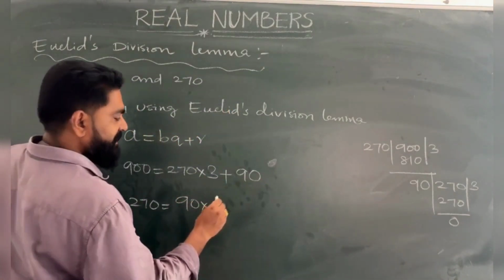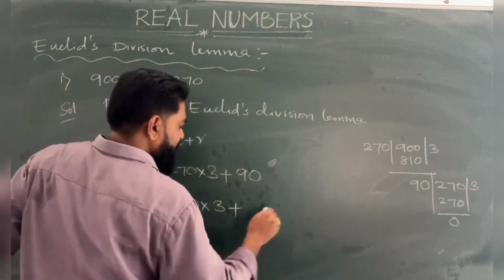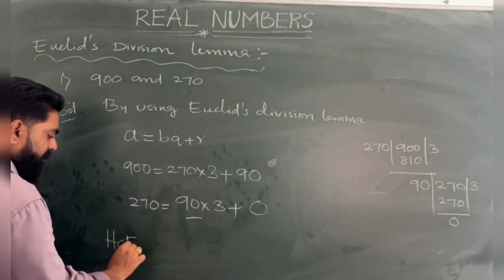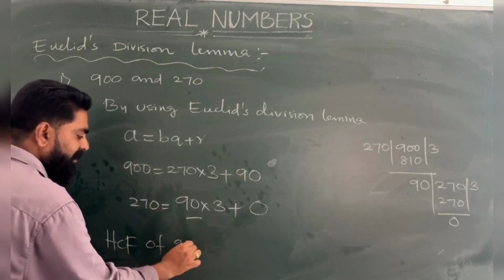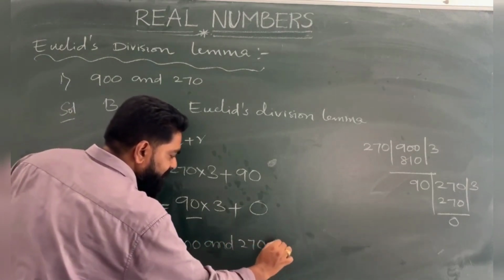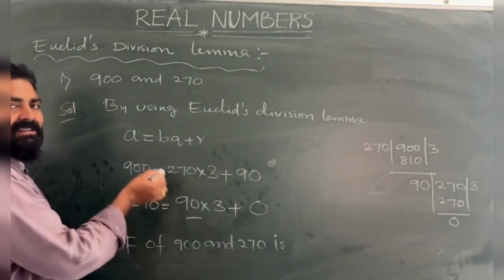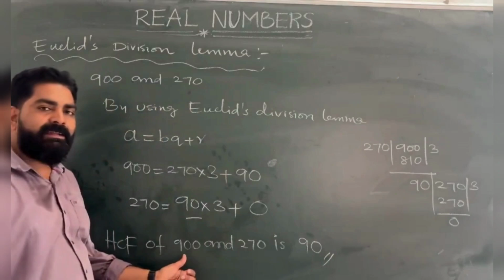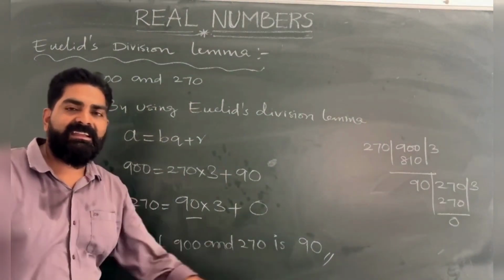The quotient is 3. The remainder is 0. So now HCF of 900 and 270 is, what is the answer? 90 is the answer. The HCF of 900 and 270 is 90.